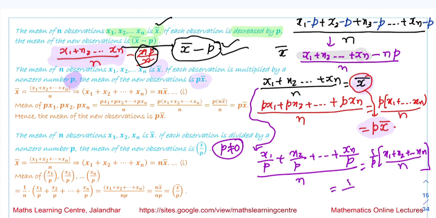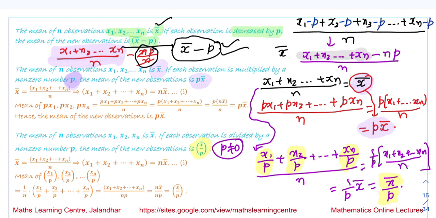So this is equal to 1 by p into x bar, that is equal to x bar by p. So what we can say from this is that if each observation is divided by p, then the mean will be divided by p. The new value of the mean will be x bar by p.